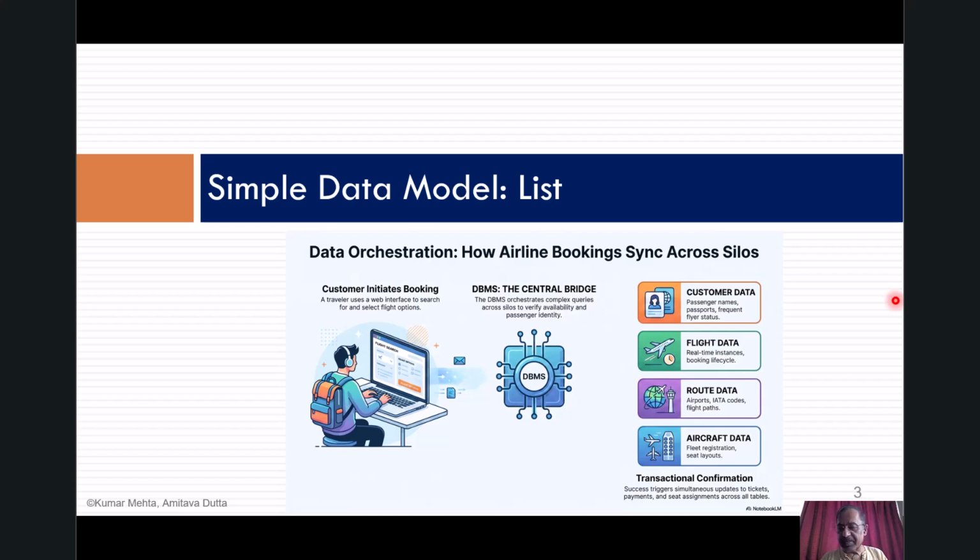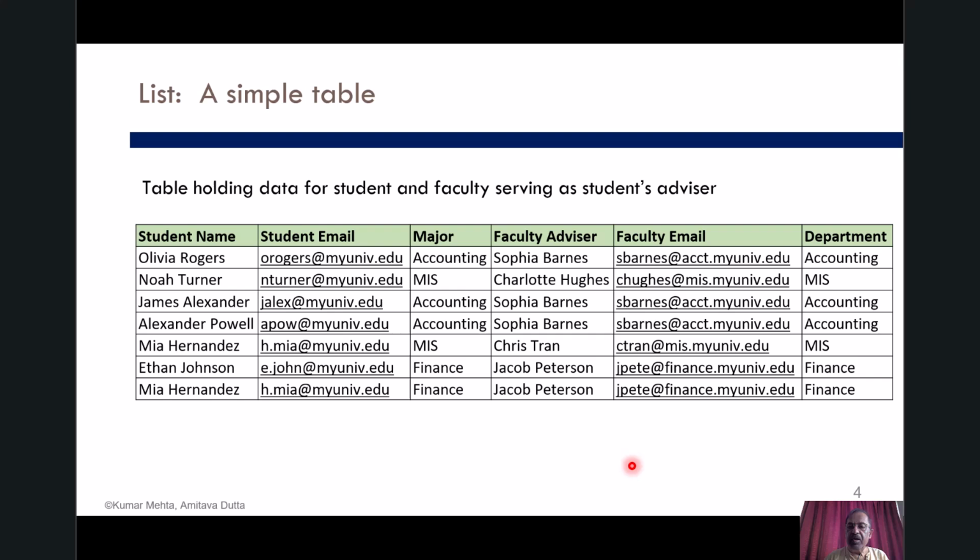Now, since this airline example is much too complex for initiating a conceptual discussion, there's too much information to handle, we'll start the discussion of why not one big list with a much simpler example. In this example database, we have information on students and faculty advisors. Imagine that this database is keeping track of students and their academic faculty advisor.